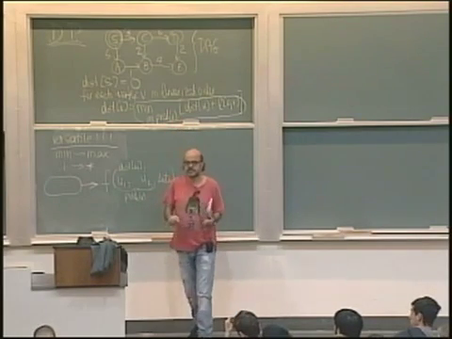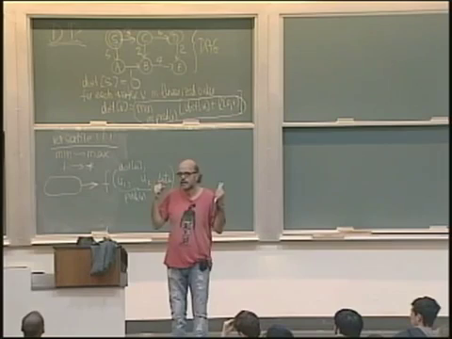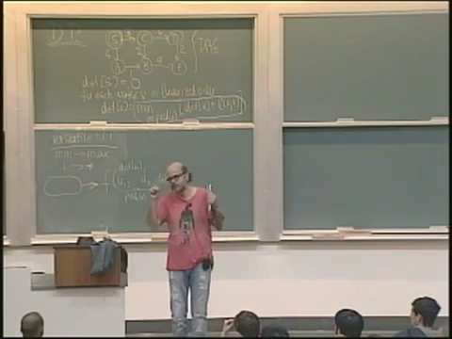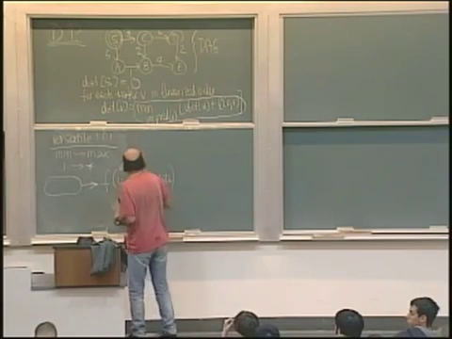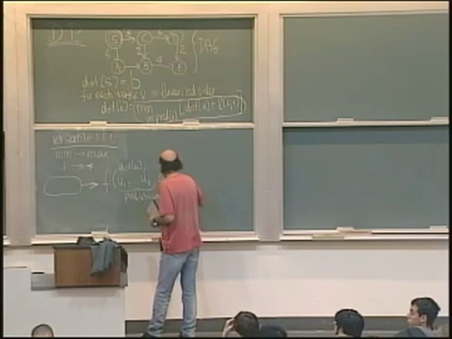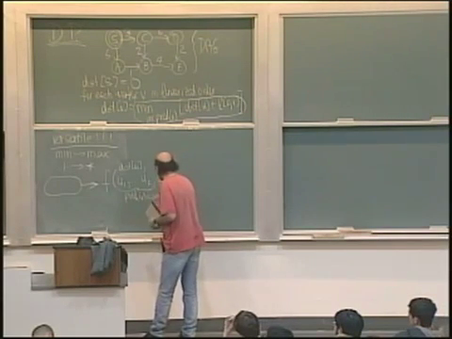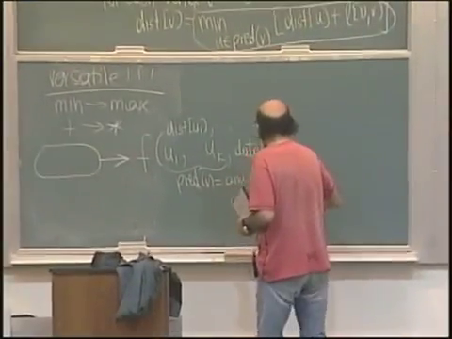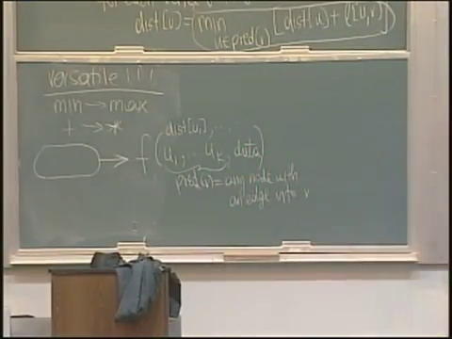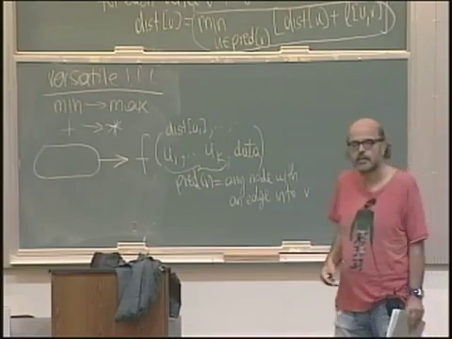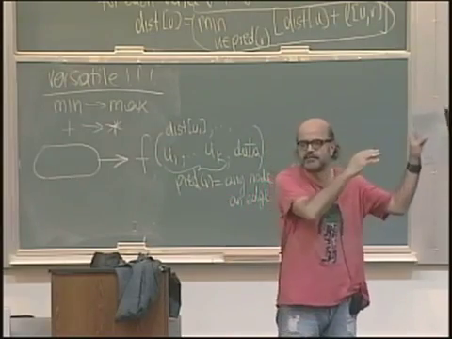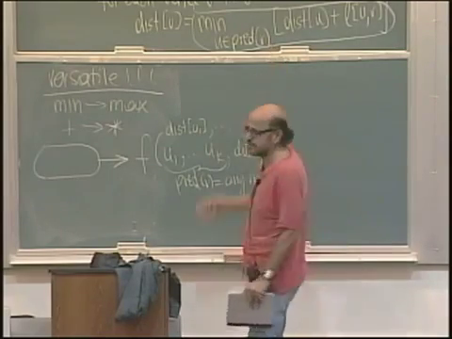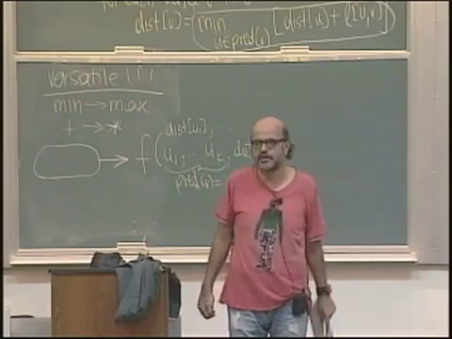Pred of V are the predecessors of V. Any node that has an edge going to V. Ancestors means everybody, you know, ancestor means predecessors and their predecessors, okay?